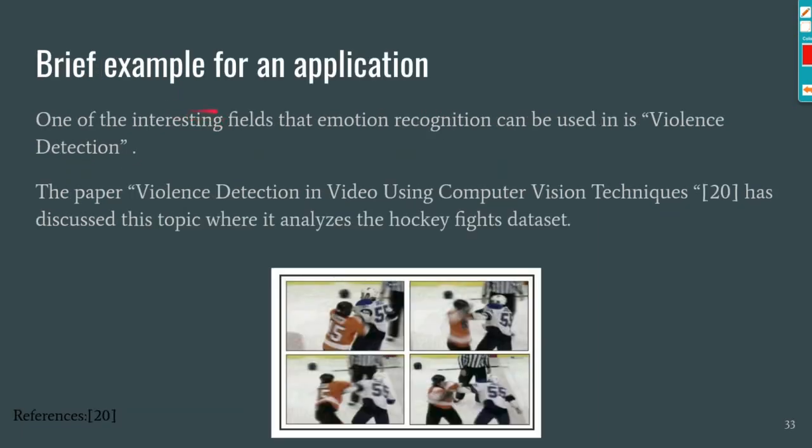A brief example of an application is violence detection. To be honest, it's one of the interesting fields in which emotion recognition can be used. The paper Violence Detection in Video Using Computer Vision Techniques discussed violence detection, analyzing a hockey fights dataset.